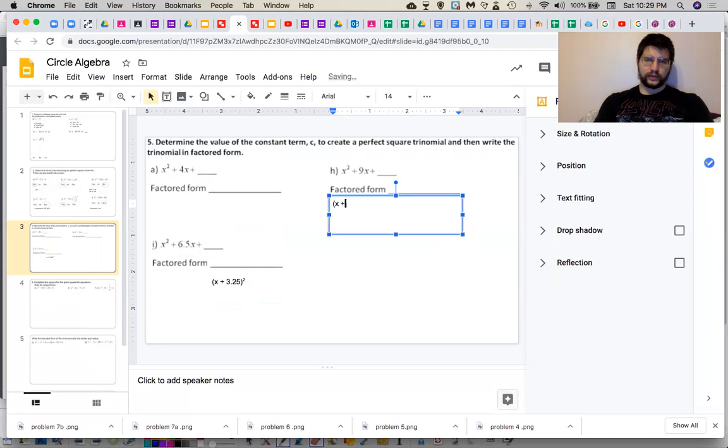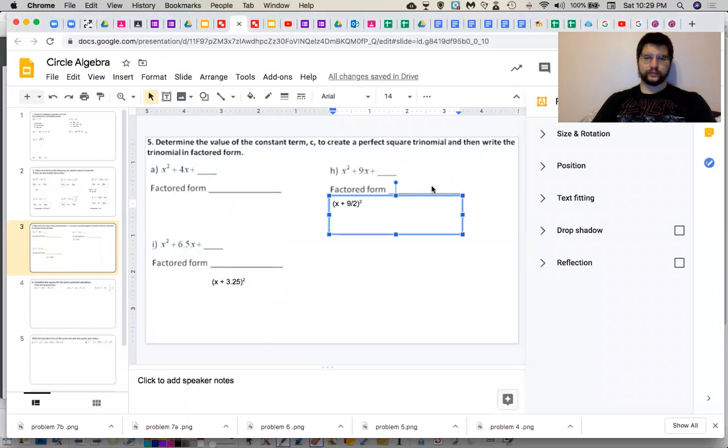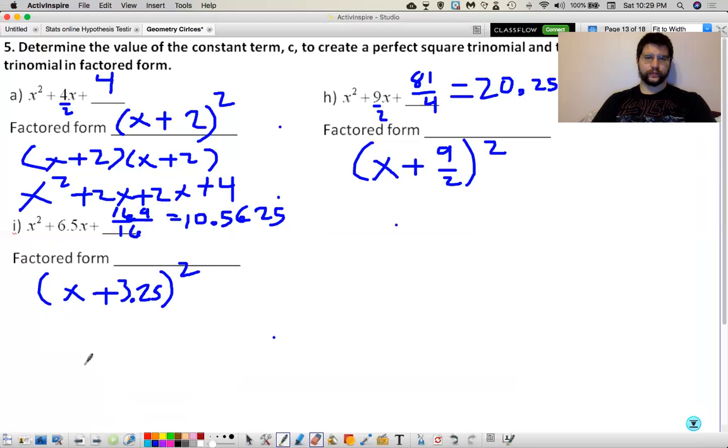X plus 9 over 2. Just use the slash right there. Squared. And I know what you mean. That's 9 over 2. And if we look, we have 9 over 2 there. So whatever's easiest for you, decimals or fractions, up to you.